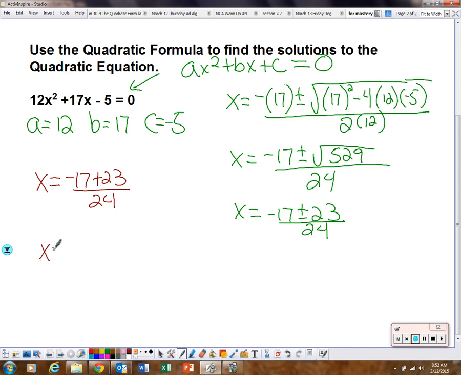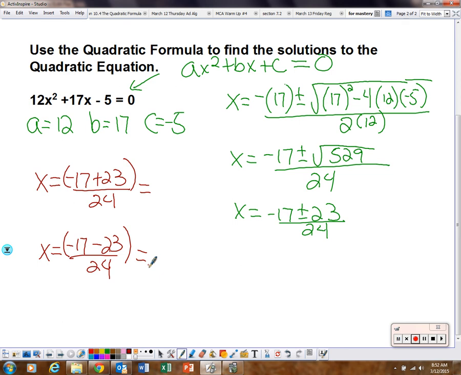And x equals negative 17 minus the 23 divided by 24. Remember to use parentheses around the top. If you're going to type the whole problem in on your calculator at once, please put parentheses around the top or you'll get a wrong answer.